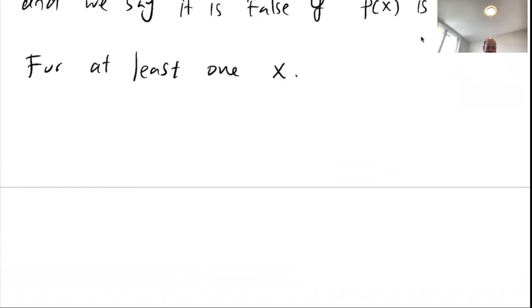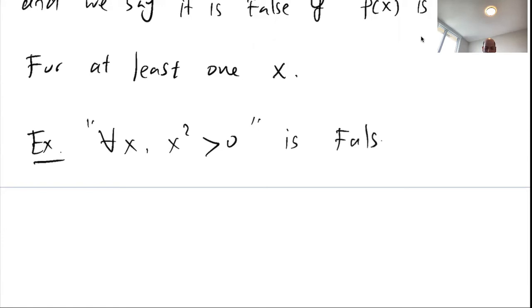Okay, so let's look at an example. Let's say I say for each x, x squared bigger than 0. So this statement is false, right? Here, it is not mentioned which set x is coming from. As I said, if x is a number and it's not mentioned that it comes from a specific set, we can assume that it comes from the set of real numbers.